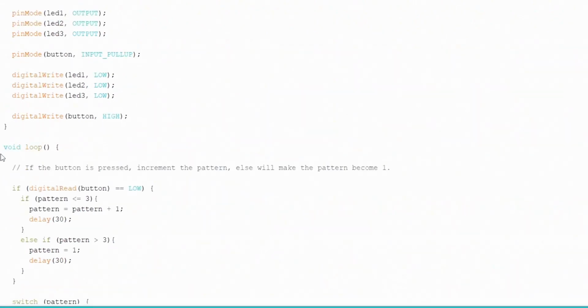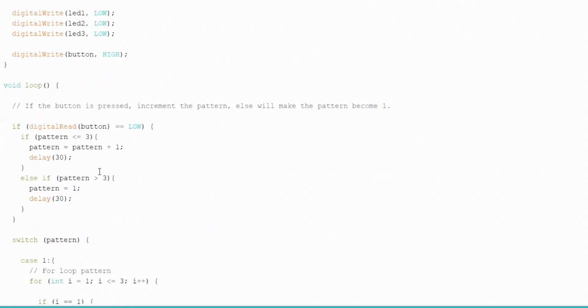So I can say that when I go to void loop, if the digital read button is low, when I push the button and the LED is off, the pattern will change. If the pattern is less than or equal to 3, then the pattern will be pattern plus 1, which is increment plus plus.